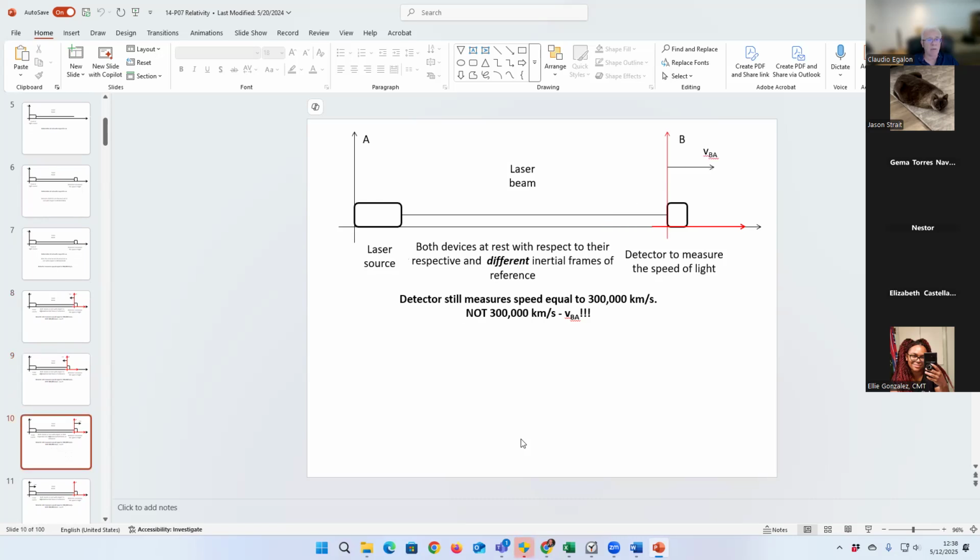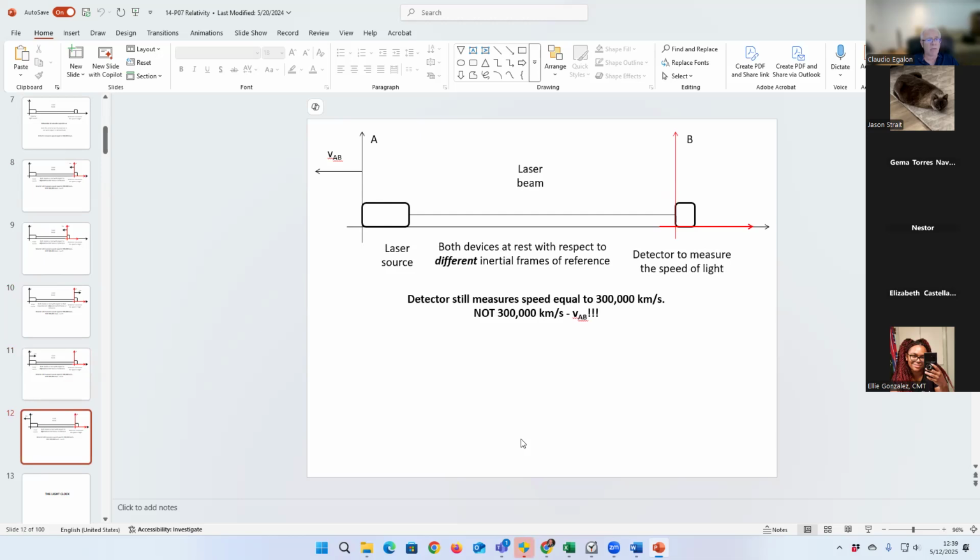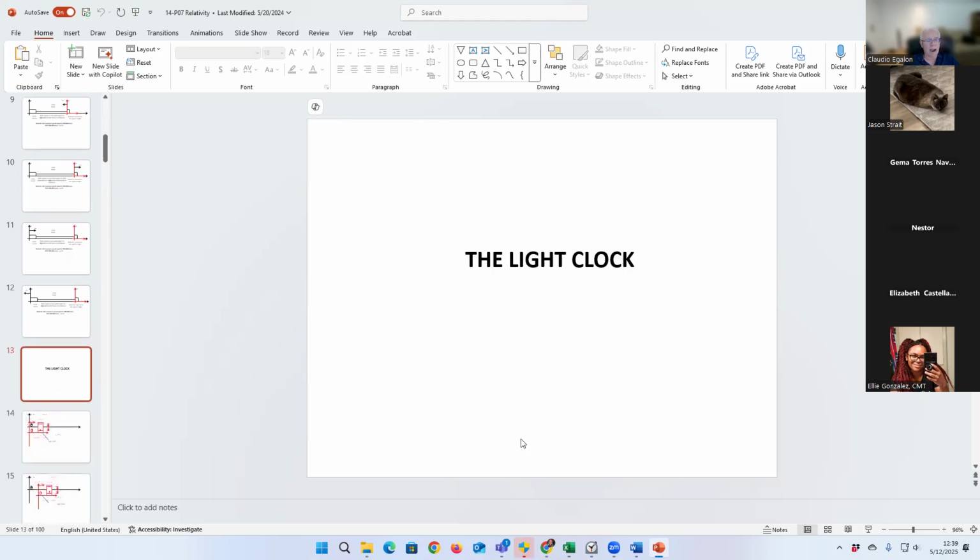Then we have the situation in which the detector is moving away from the laser source. It still measures 300,000 kilometers per second. And then the detector is at rest with respect to us, and it's the laser source that's moving towards it and away. In both cases, the detector still measures a speed of 300,000 kilometers per second for the speed of light.